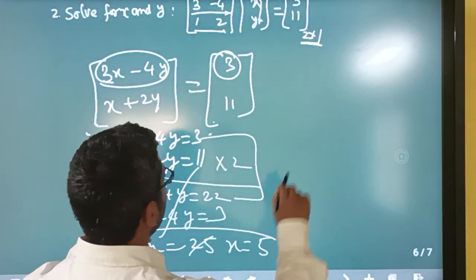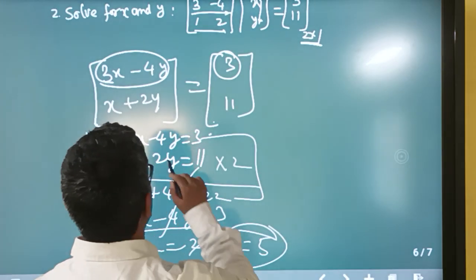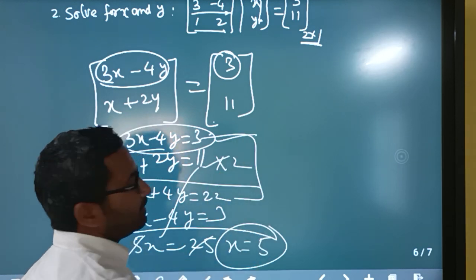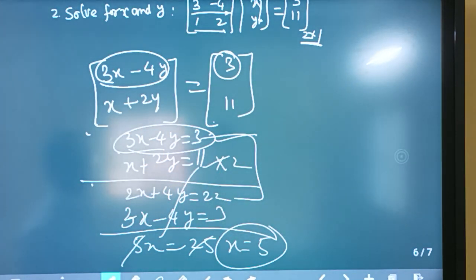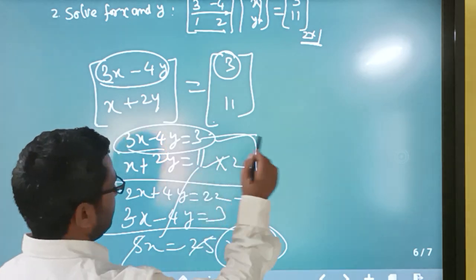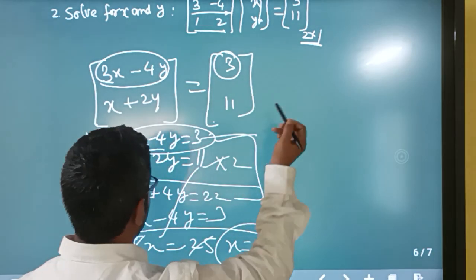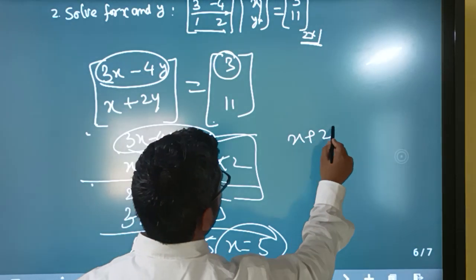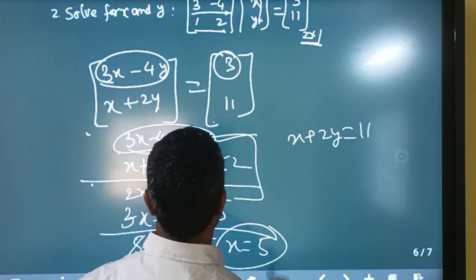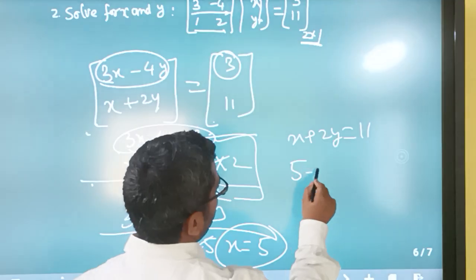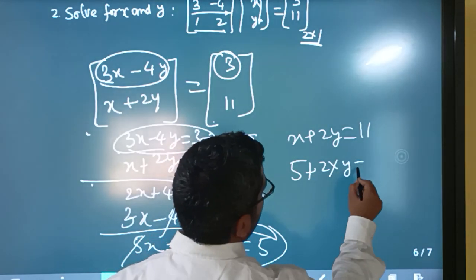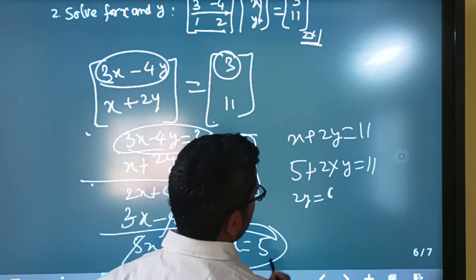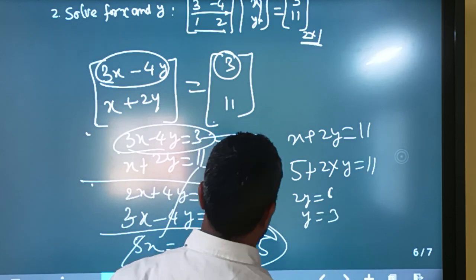Now we can put the value of x in any one of these two equations. Through the second equation, x equals 5, so 5 plus 2y equals 11, 2y equals 6, so y equals 3.